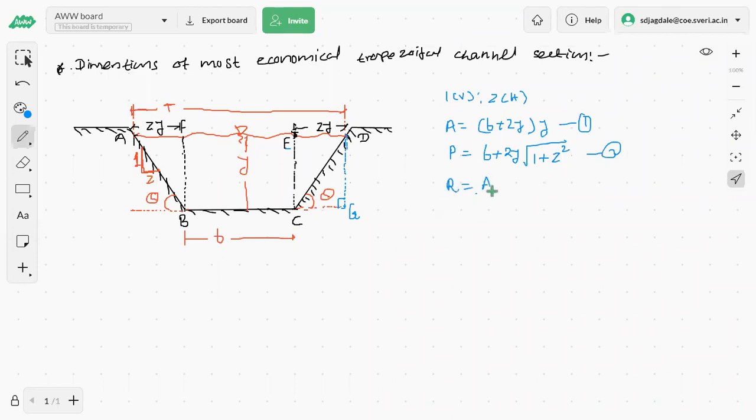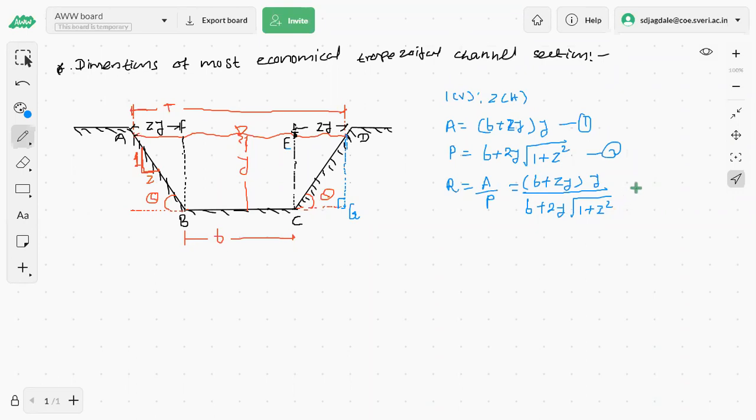Hydraulic radius R is equal to A by P, the area as B plus ZY into Y, this is a Z, this is not a 2, divided by the perimeter, that is B plus 2Y under root of 1 plus Z square.